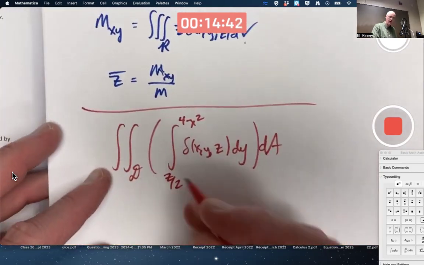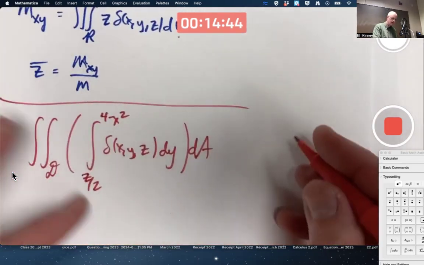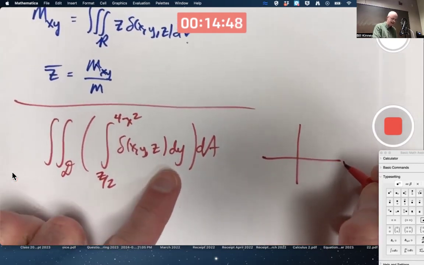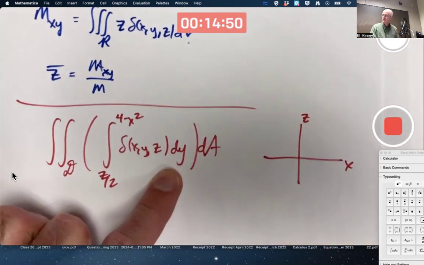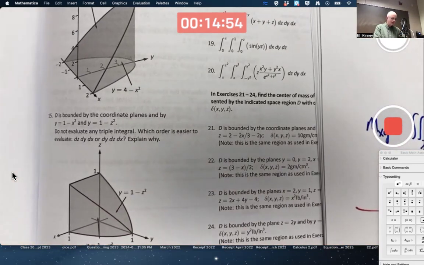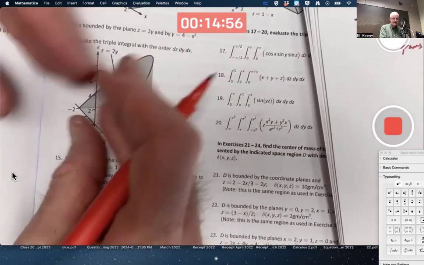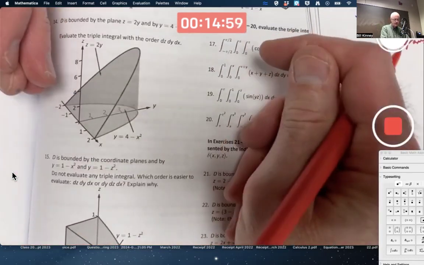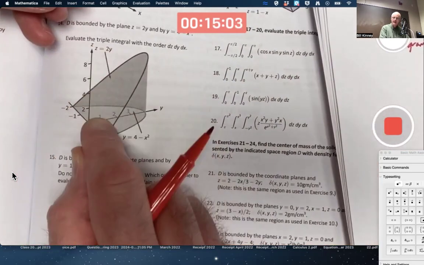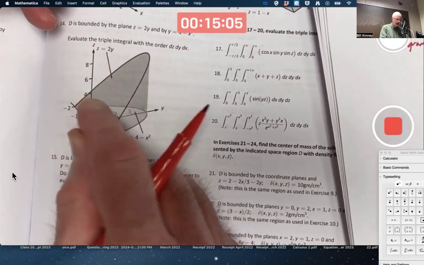But what is D now? Draw it in an xz plane, since the inner integral is with respect to y. Compress this object onto the xz plane, or alternatively, imagine light rays making it cast a shadow on the xz plane. It'll be a parabola-like shadow.